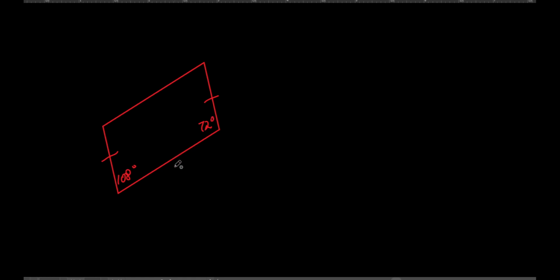Bell's about to ring, but pay attention. These are supplementary, aren't they? But I didn't have any theorem that talked about the angles being supplementary. But check this out. If they're supplementary, what does that mean about this side and this side? They must be what? Parallel. So now, is this thing a parallelogram or not? With the information. Yes, it is.